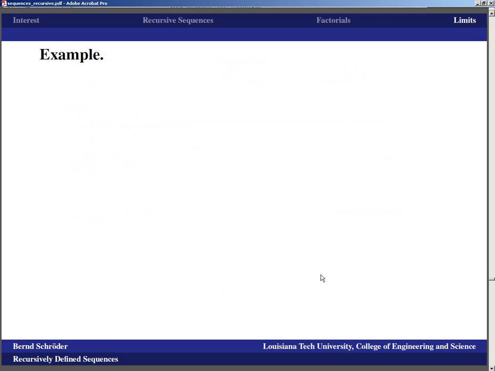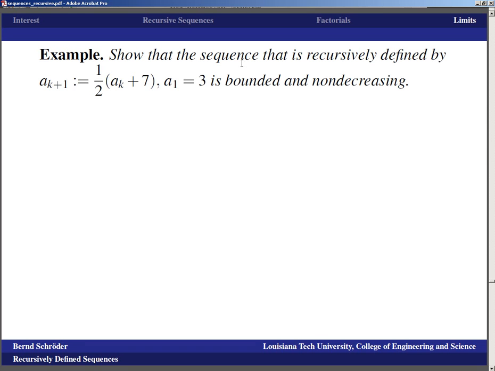Either way, we're going to use the monotonic sequence theorem to show that the sequence that is recursively defined by a_{k+1} being 1/2 (a_k + 7) and a_1 equals 3 is bounded and non-decreasing, and after that we're going to find its limit.